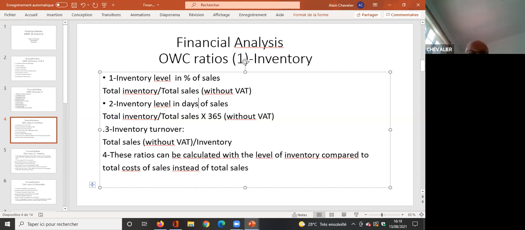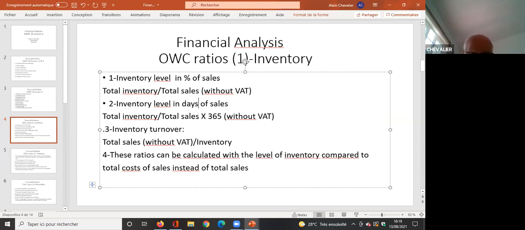And very often, when you are negotiating between firms or negotiating with banks, the data presented are in days of sales, not in percentages. It's a kind of tradition of the financial world. So two presentations, but in fact, at the end, it is the same conclusion.